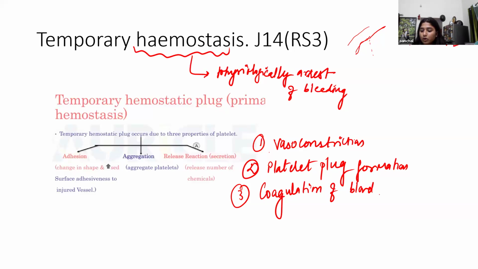Both are very important substances. These two substances attract more and more platelets and activate them. As more platelets get activated, they aggregate at a particular site, leading to formation of a temporary plug. Afterwards, this temporary plug is converted into a permanent plug by the process of coagulation.